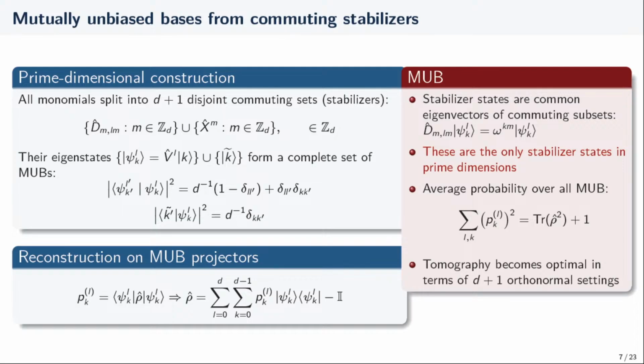We have a finite number, d squared, of operators we can split into sets of commuting operators, and these sets have no common operators, so they are disjoint. The eigenstates of each such set are bases, of course. The eigenstates form the so-called mutually unbiased bases.